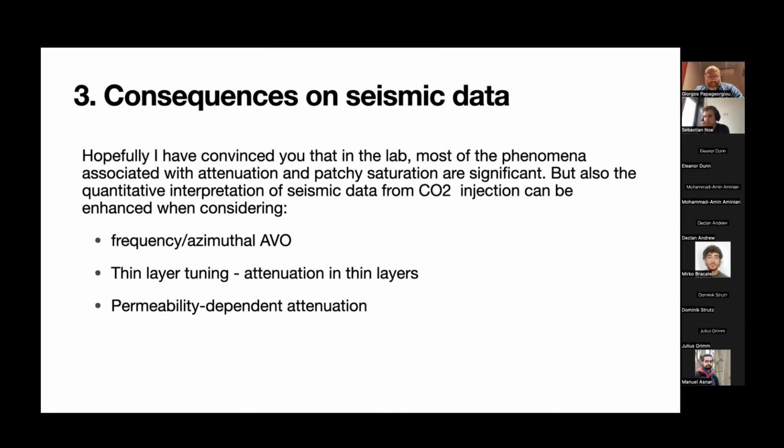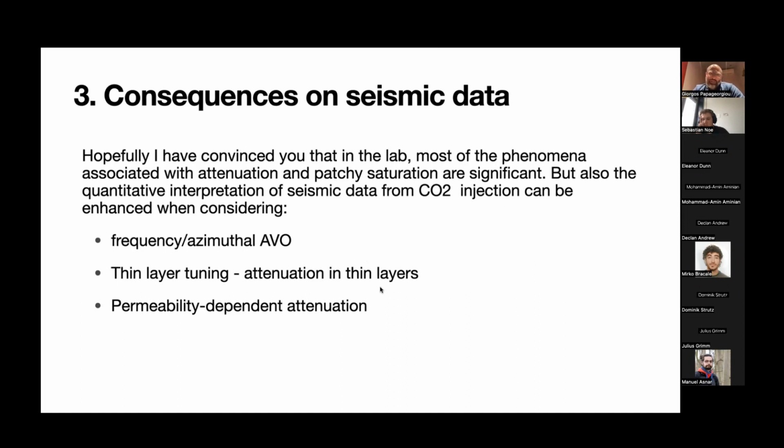So the things that this might have impact on in seismic are frequency AVO. You might see this frequency effect as a different AVO signature under different frequencies, and that might be an indicator for fluid. But also thin layer tuning and how attenuation in thin layers occurs.